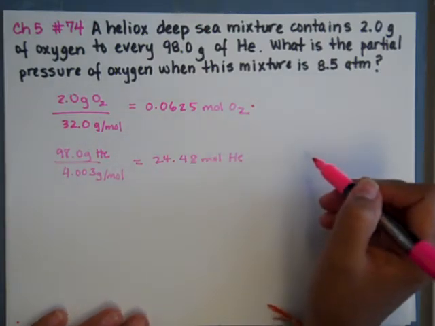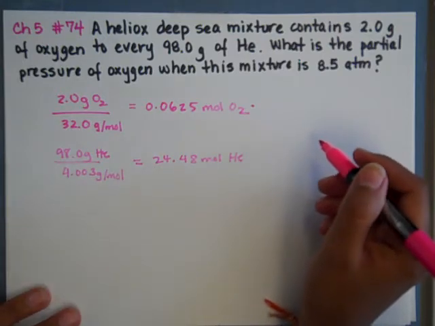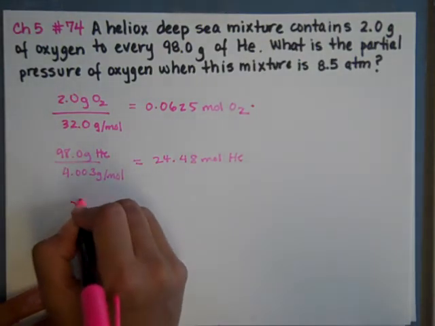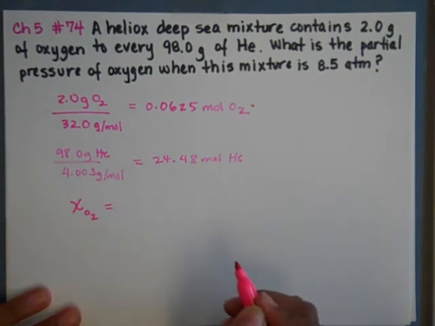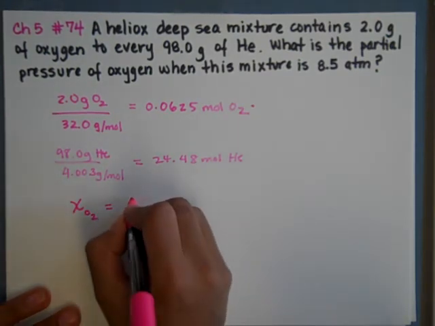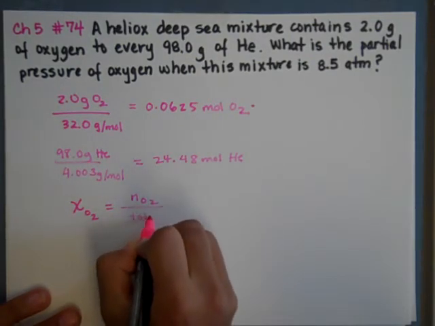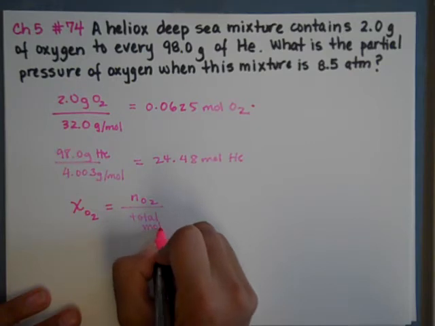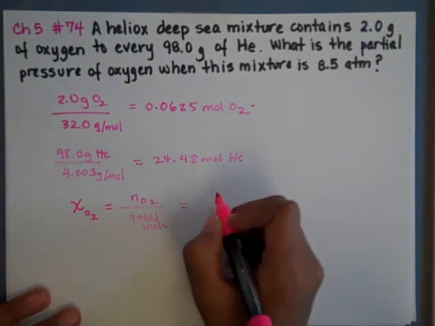So now we have to figure out what percent by mole is oxygen, and that's the mole fraction. So the mole fraction X of O2 is going to be the moles of O2 over total moles. It's like a percentage.